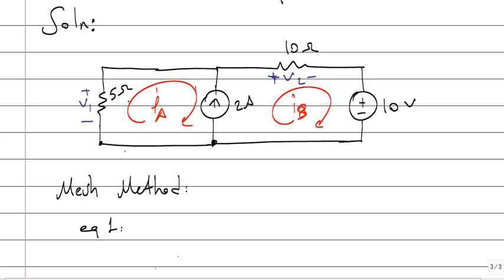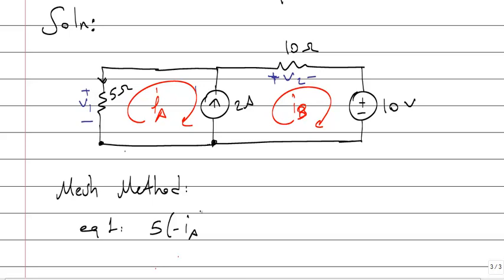Equation 1 is, on the first mesh, start from the left bottom, minus plus, there is a voltage increase of V1. V1 is 5 resistance times the current entering from positive. The current IA is entering from minus, so this current will be minus IA.